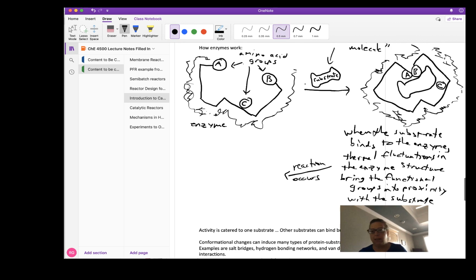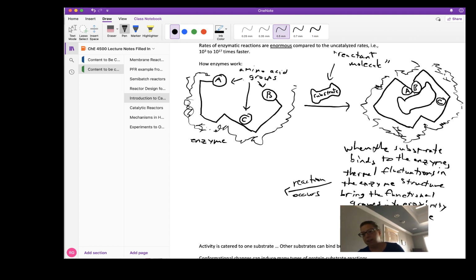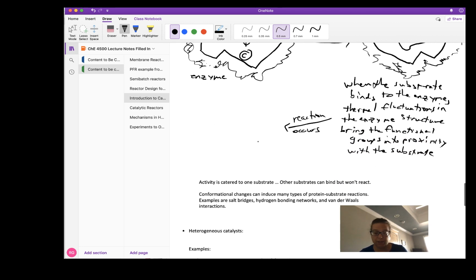After that, it's kind of got this substrate trapped in here. Once the reaction happens, though, the amino acid groups are no longer attracted to this molecule any longer. So they work on the substrate. They don't work on the product molecule. So once the reaction happens, they come back open. So this opens back up. So we'll say the reaction occurs.